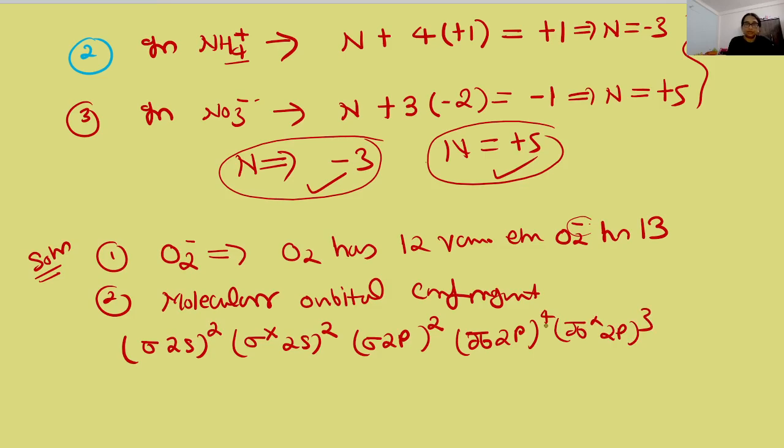The total number of electrons: 4, 7, 9, 11, 12, 13. We represent the molecular orbital configuration like that.